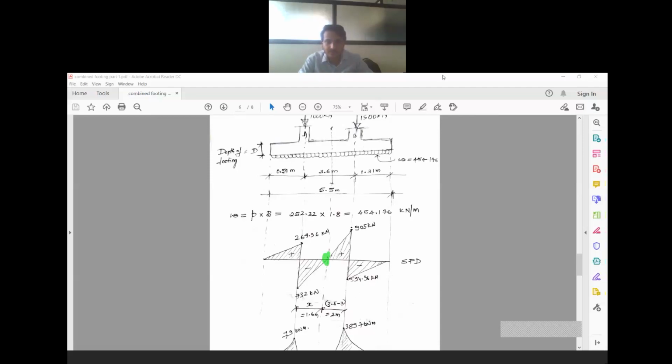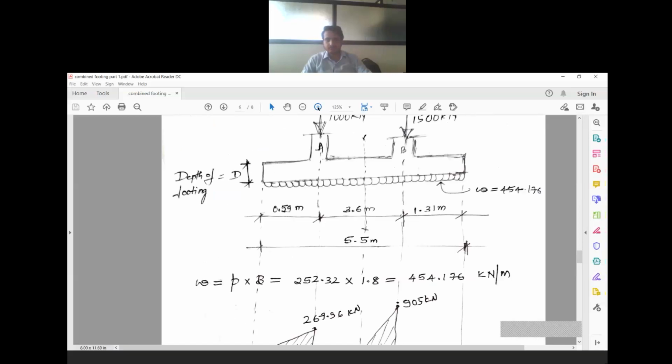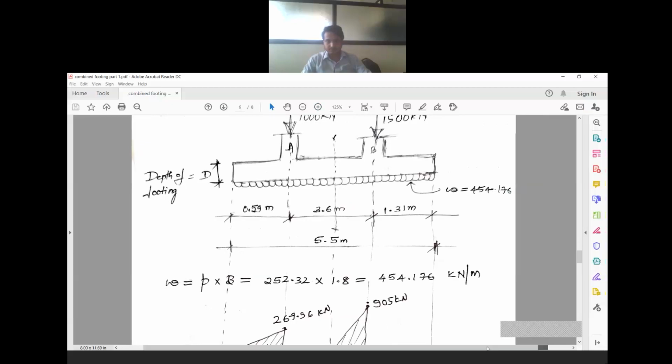This point is called as point of contraflexion. Have you heard? At the point of contraflexion, we will obtain maximum bending moment. Okay? Are you guys listening?